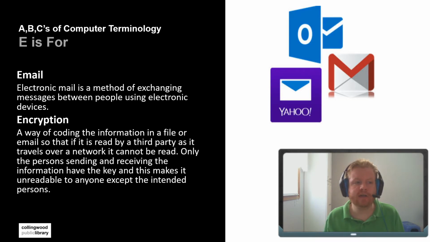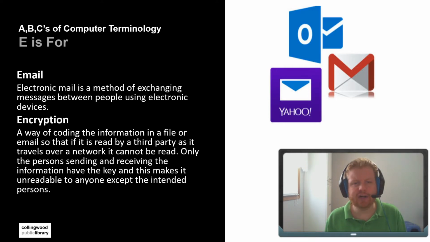Another for E is encryption. Basically this codes the information or file that we're sending as an email. It makes it harder for someone who might not be the recipient to snatch or pull down, because sometimes you do have hackers or third-party vendors that might be spying on stuff that you're sending back and forth.